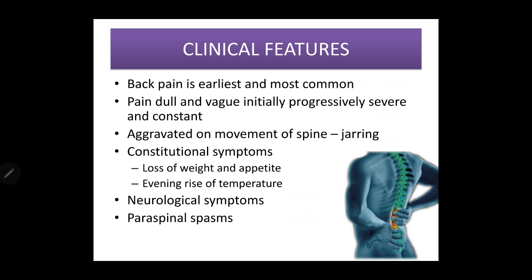Any backache which is more than 6 weeks you will have to consider a chronic backache, and when it goes beyond 3 months, it definitely needs to be evaluated. Pain is usually dull and vague initially, and very rarely goes on to become severe and constant.